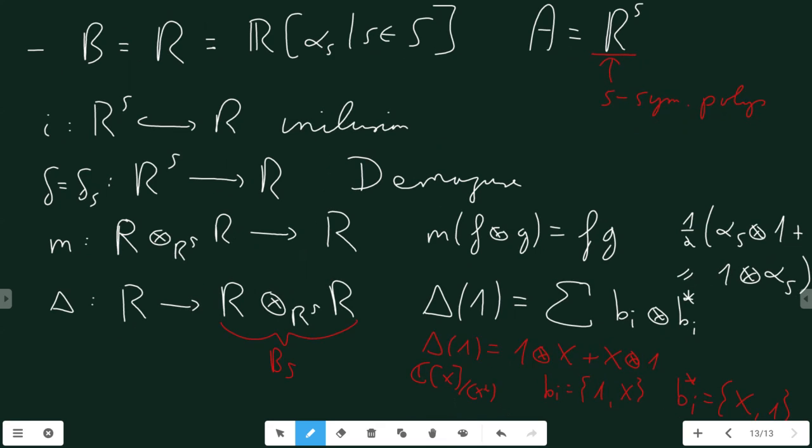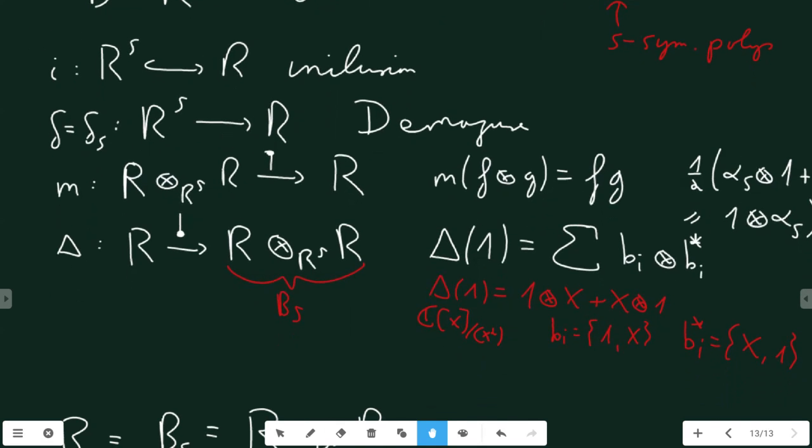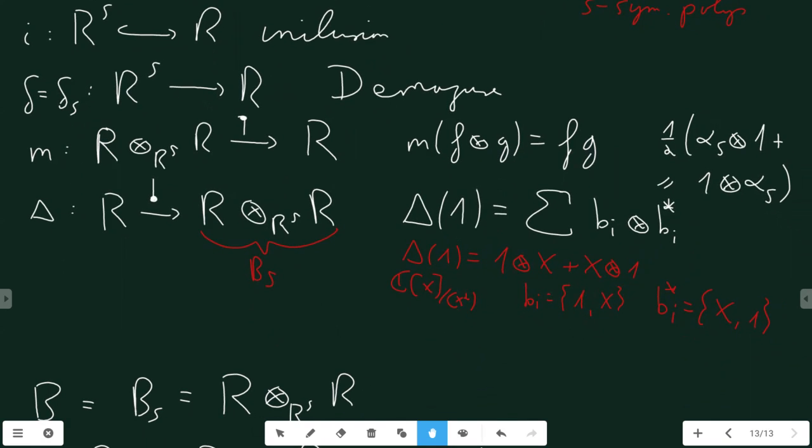So what this actually gives us are two natural maps from R to BS, which I will draw as follows. And you will see in a second why I want to draw it like this. This is already a good hint that BS actually is very Frobenius.